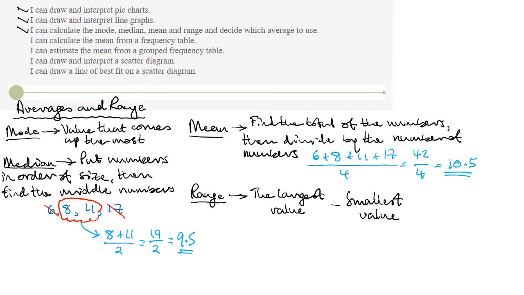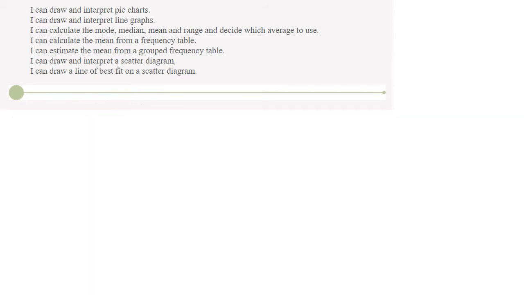Right, now what we want to be able to do is to now do these calculations from tables. So, right, so now we're going to be looking at finding the mean from a frequency table and also estimating the mean from grouped frequency.